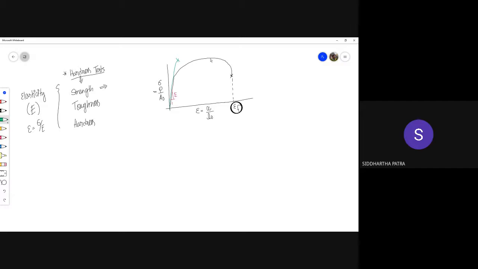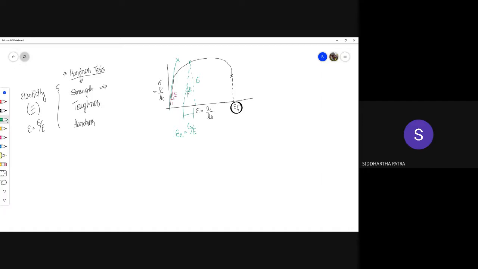So let's say a material is loaded up to this point, and if you try to unload, it unloads a certain part of its strain, and that strain is whatever has been the stress before unloading divided by the Young's modulus, and that is your elastic strain, the part of the strain that can be recovered.